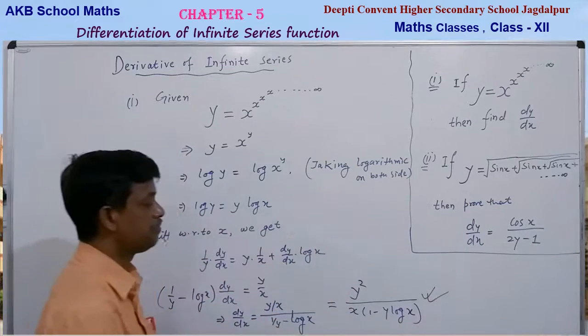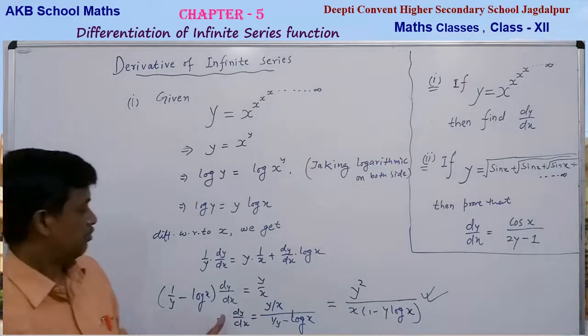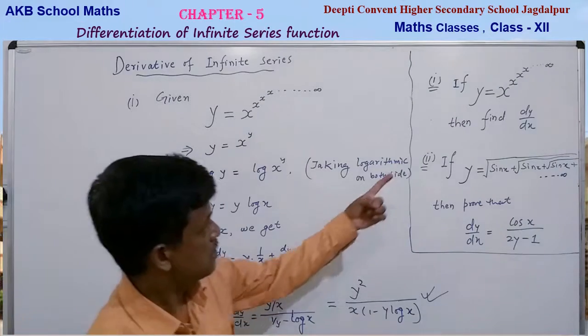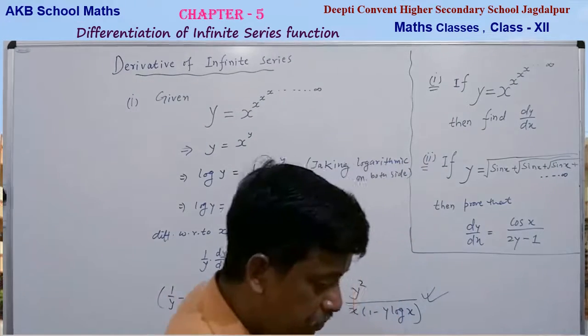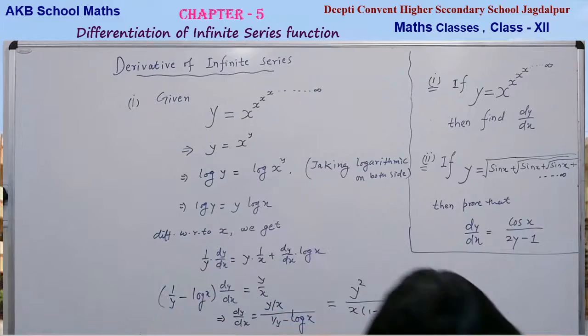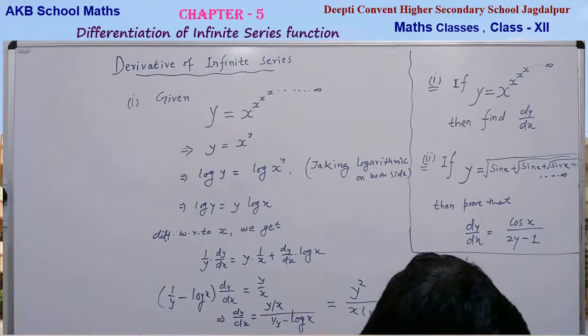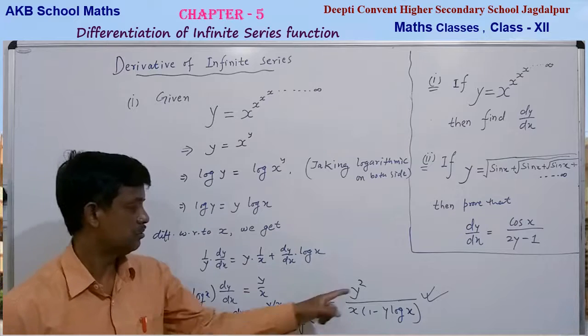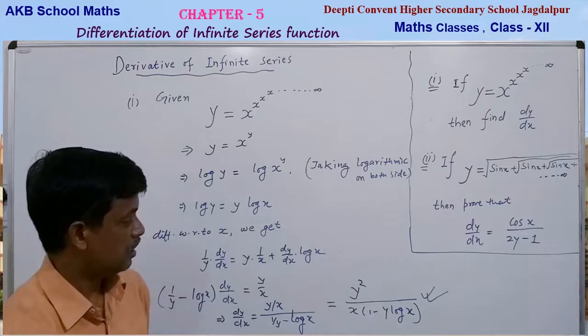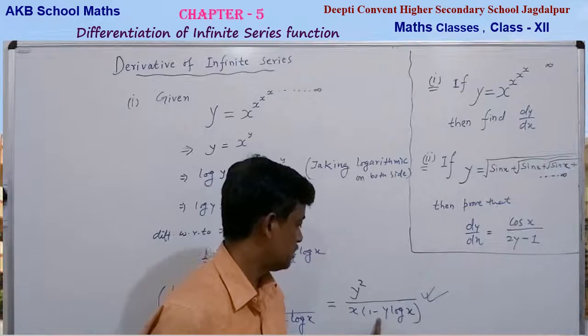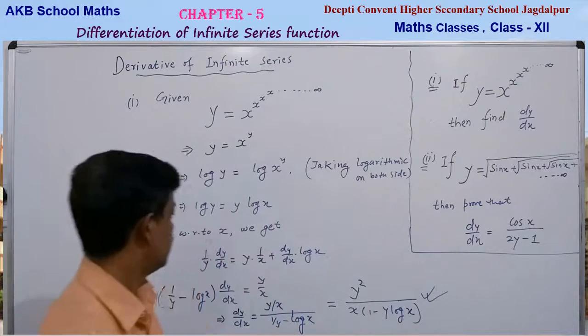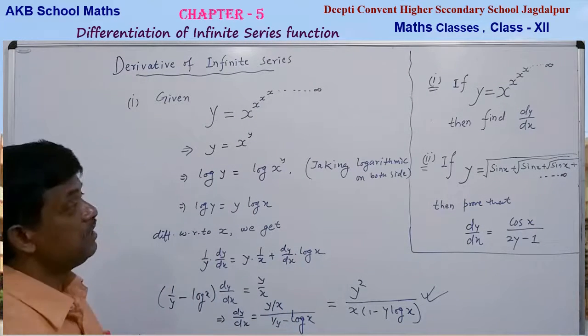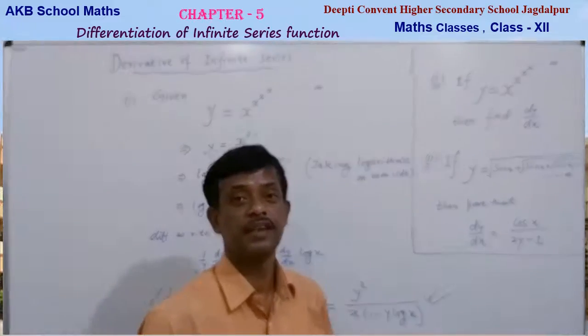So this is the value of dy by dx for this series. So dy by dx equals y square upon x times 1 minus y log x. Similarly, you can find the derivative for this function also.